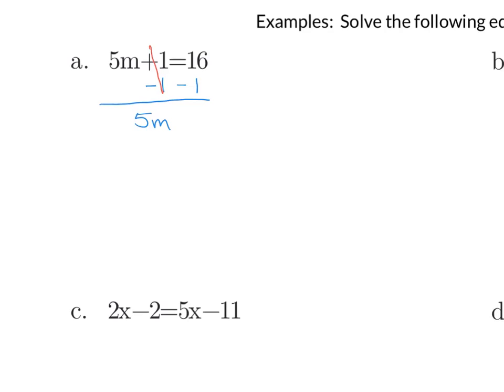My 1's cancel. On the right, we get 16 minus 1 is 15. I can divide by 5 to get m by itself, and we get m equals 3.